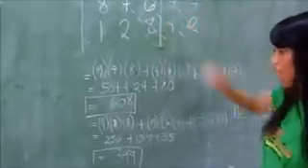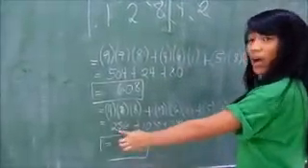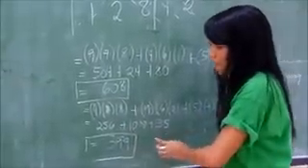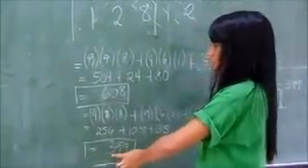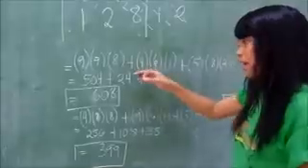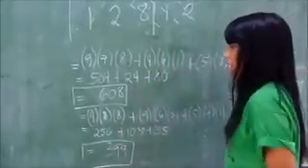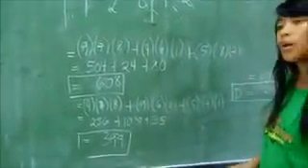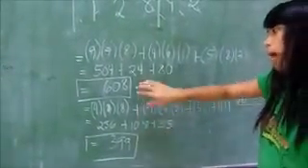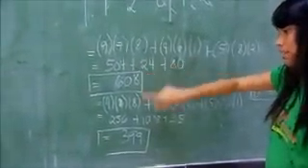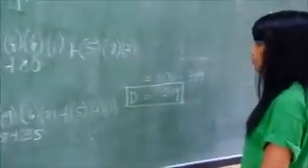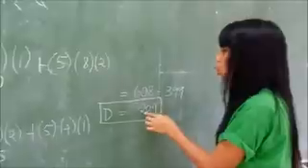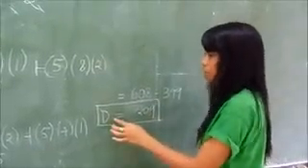Now, we have the products 256 plus 108 plus 35, which gives us 399. Now we will subtract to get the determinant: 608 minus 399 equals 299. Then, this is our determinant.